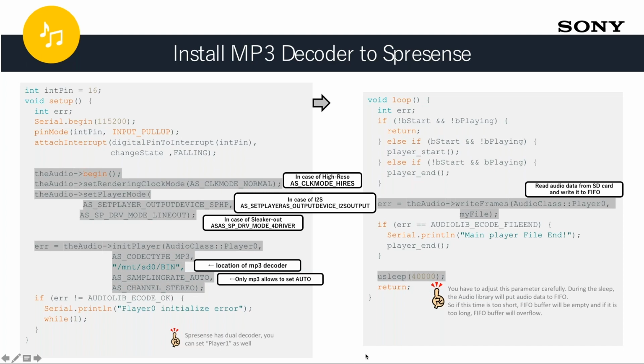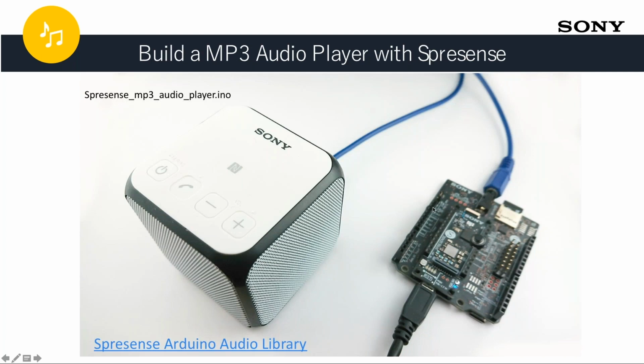Okay, so we covered the audio player. Again, this is the program that you can use, this is the library that you can refer to, and this is going to be the picture for how it's going to look. Let's go to the next one.